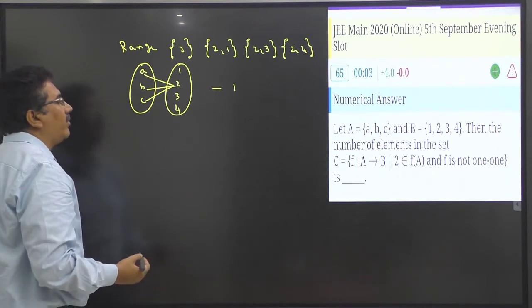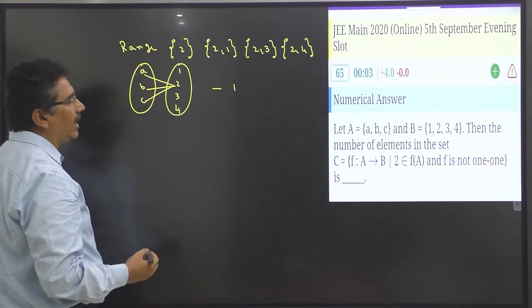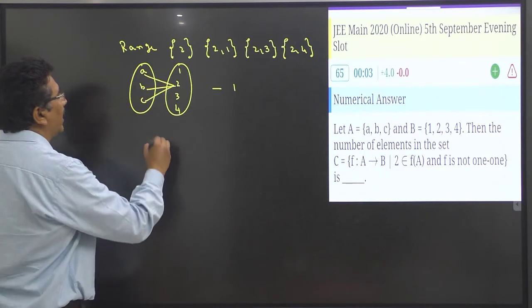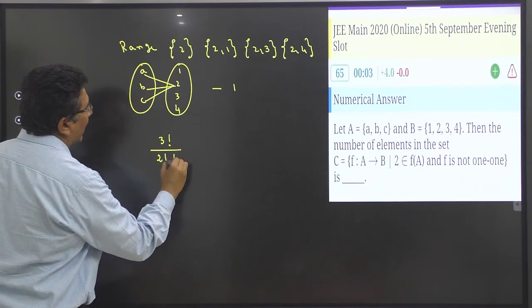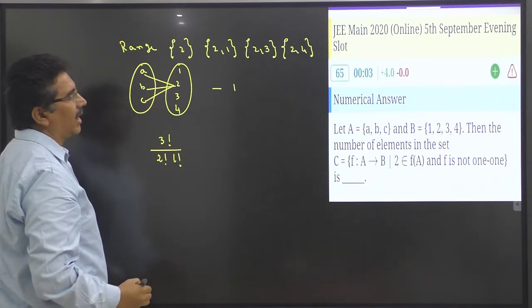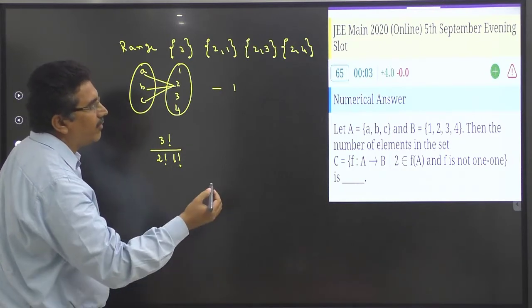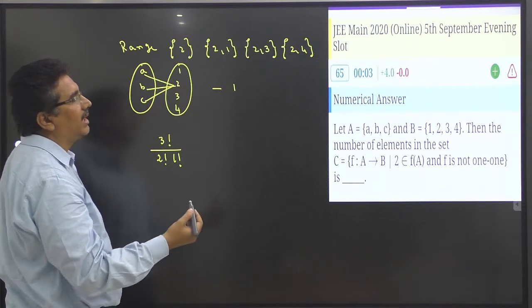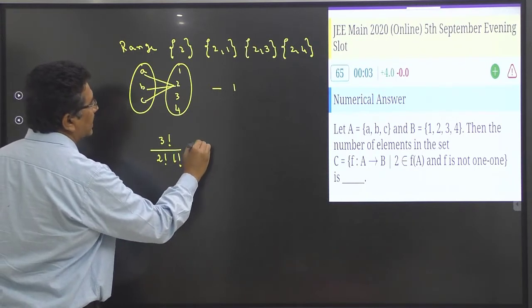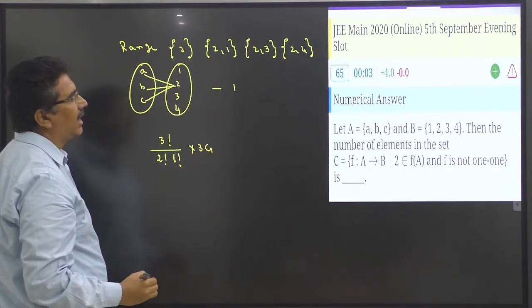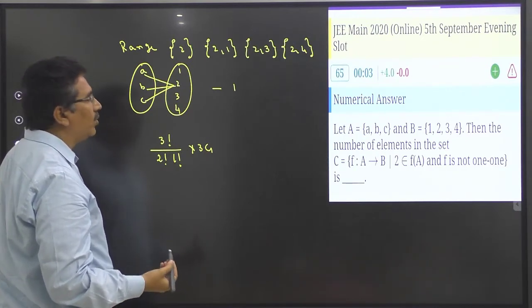The number of ways of dividing 3 elements into 2 groups, one containing 2 elements and another containing 1 element, is 3 factorial divided by 2 factorial into 1 factorial. Now let us choose 1 element out of the 3 elements 1, 3, 4 in 3C1 ways.